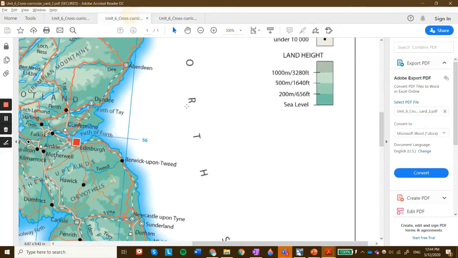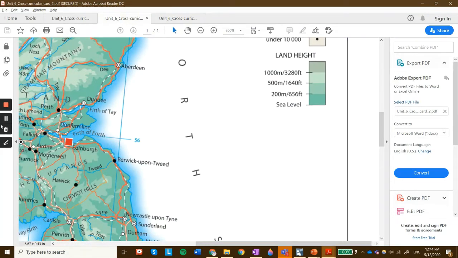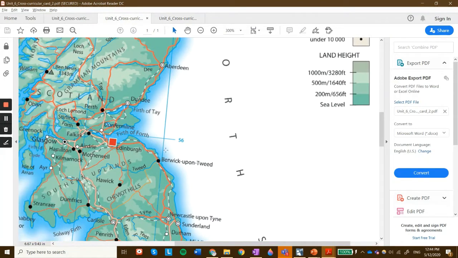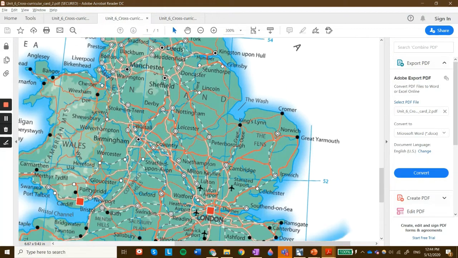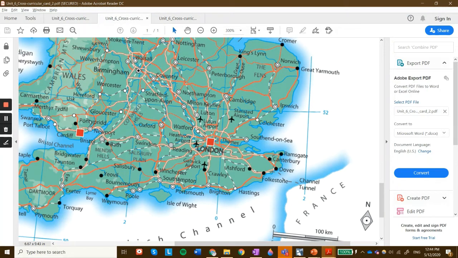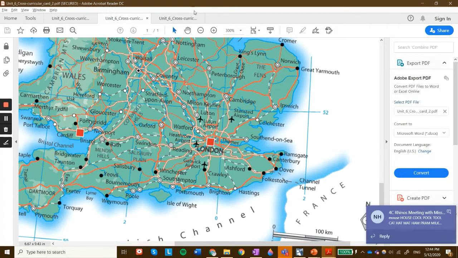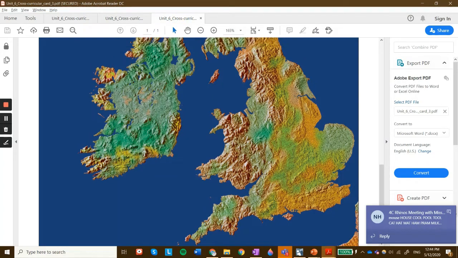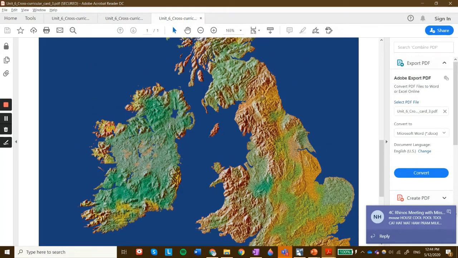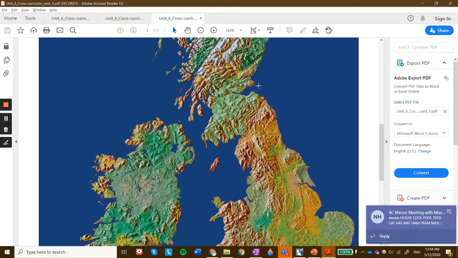You can see it on this other map down here. London. So there's not so much green because it's all a city. And the highest point, the Grampian Mountains, you can see them through here. All these different kinds of maps.